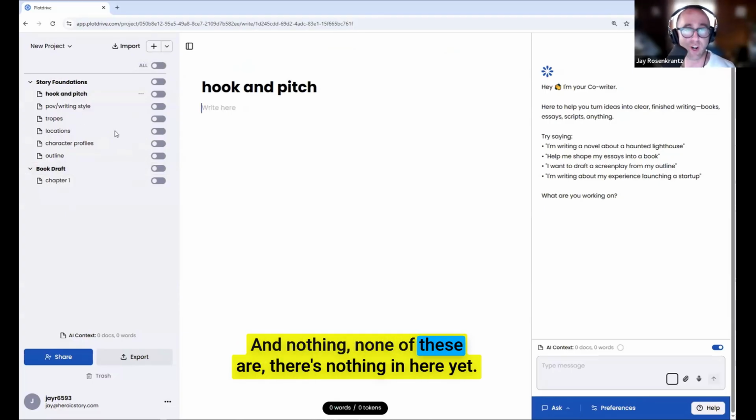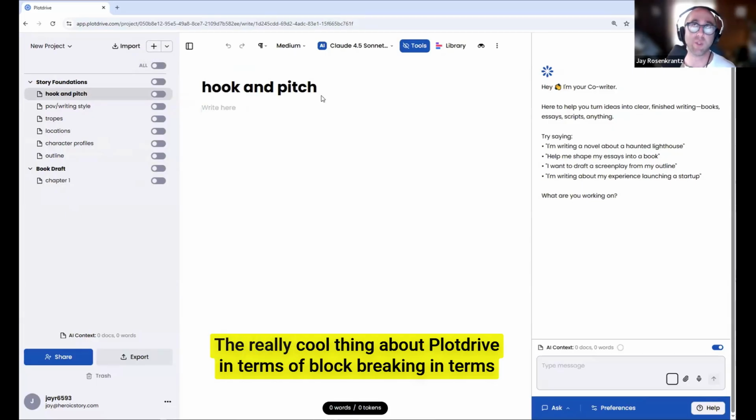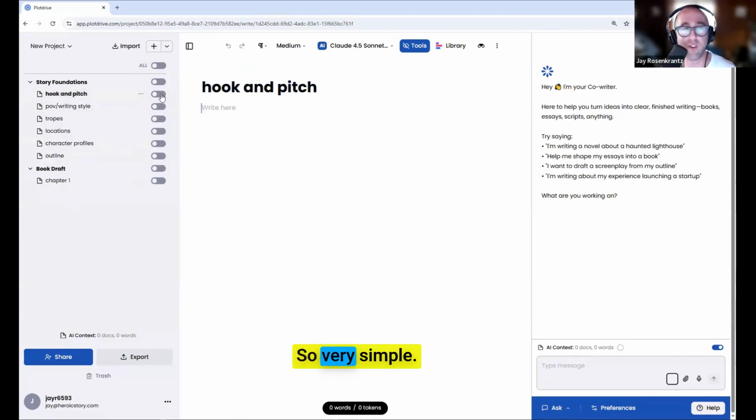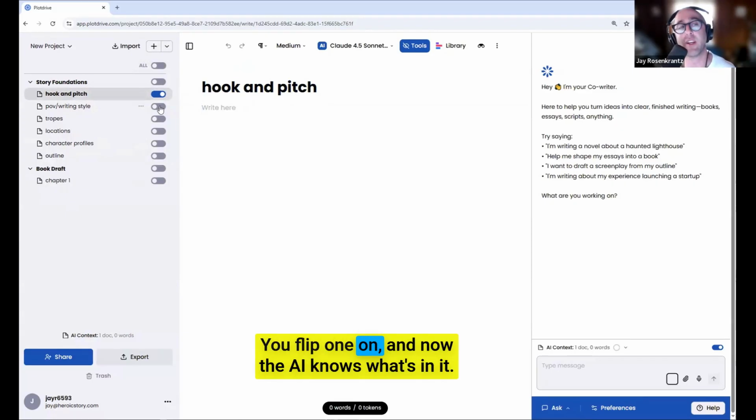And there's nothing in here yet. The really cool thing about Plotdrive in terms of block breaking, in terms of actually giving you control of the technology, are these toggle switches. So very simple. You flip one on, and now the AI knows what's in it.